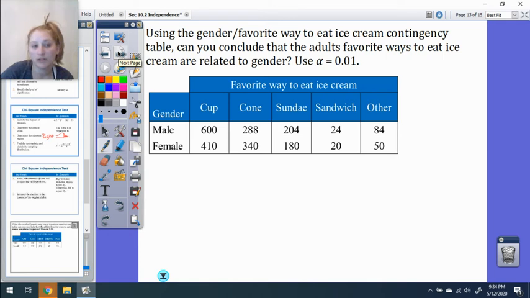For the ice cream example, it's saying that gender and your favorite way to eat ice cream are dependent.